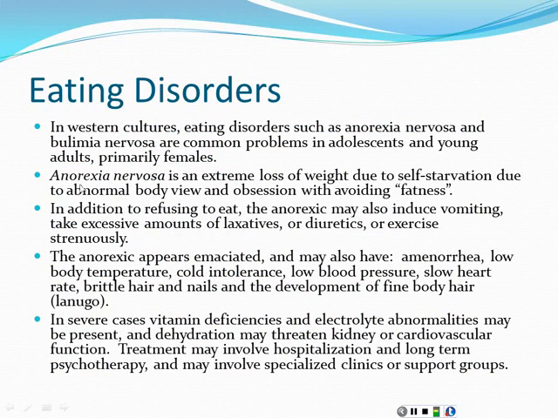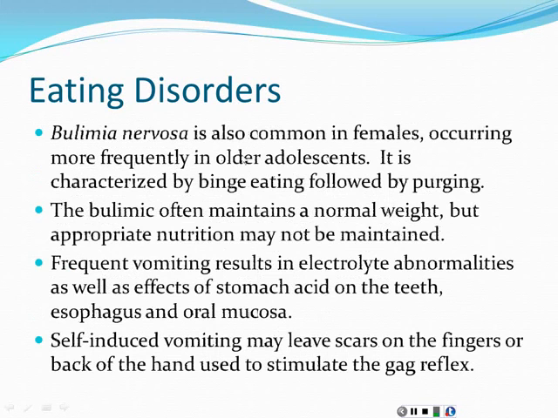And all of these symptoms, or syndrome of malnutrition, is what these anorexics end up with. So the list here: vitamin deficiencies, electrolyte abnormalities. It can eventually affect cardiovascular function, although oftentimes by then they're in the hospital.